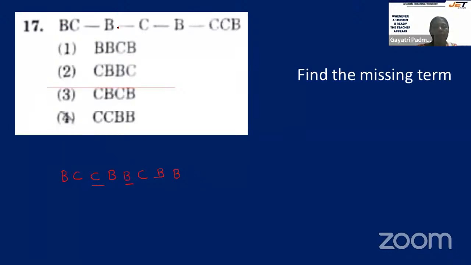So BC, CB, BC, BB. Next you have dash, C, C, B. So after B, you have C, right? So it is C, B, B, C.